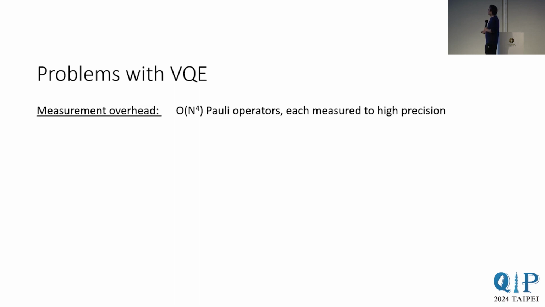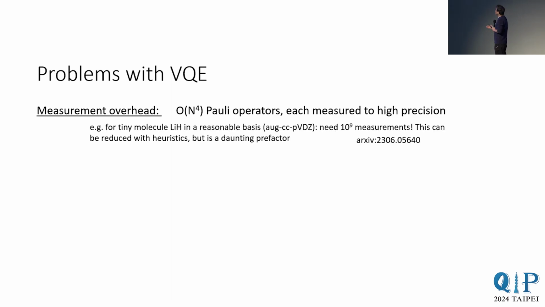Because there's so many problems, right? So the one problem with VQE is, of course, you have to measure these things, and there's an enormous number of measurements, and all these Pauli operators have to be measured to high precision. You can write down these sort of tiny molecules like lithium hydride in some small basis, and just count the number of measurements, and it's just some number that seems absolutely enormous, 10 to the 9. And you can reduce this with some heuristics, but it's a very daunting prefactor just to get you started with a method.